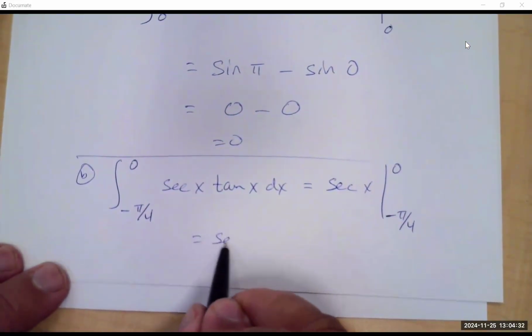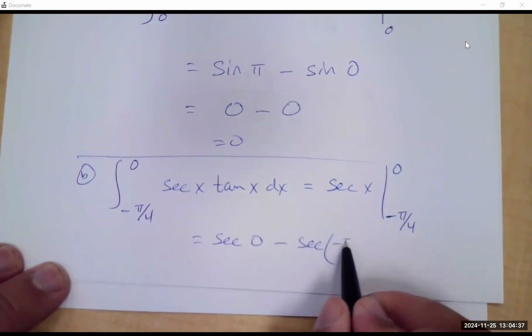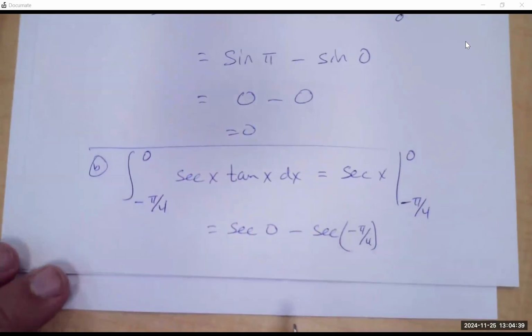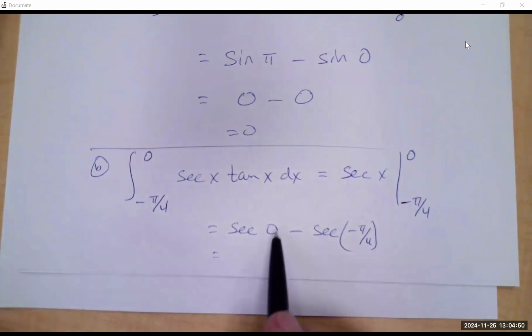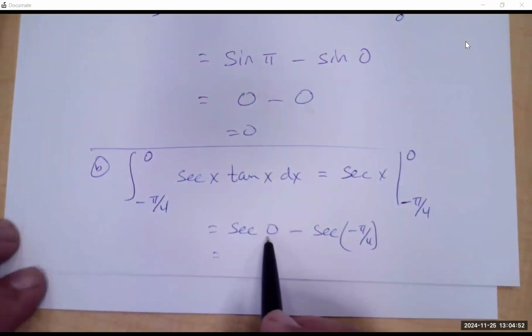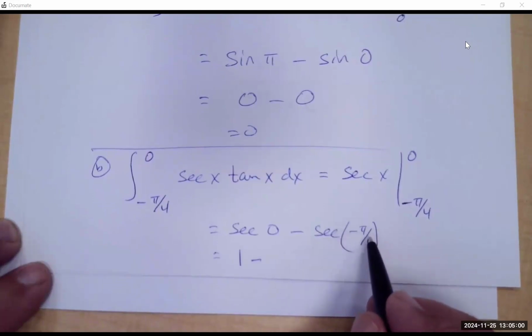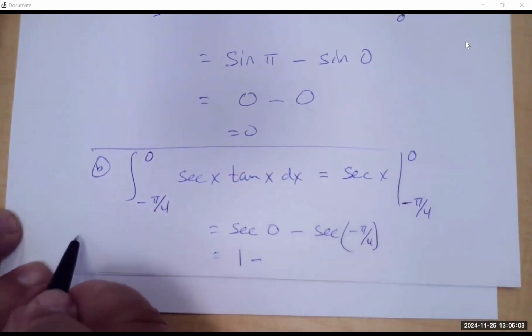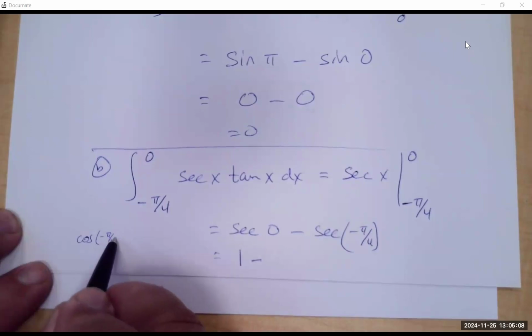So then we take secant of 0, the upper bound, minus secant at the lower bound. Secant is what in sines and cosines? 1 over cosine. So 1 over cosine of 0 is 1 over 1, which is 1. Then 1 over cosine of negative pi over 4. What's cosine of negative pi over 4?